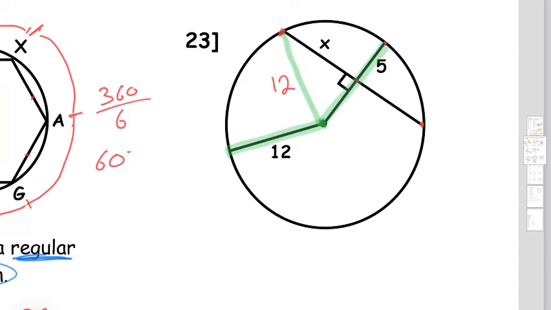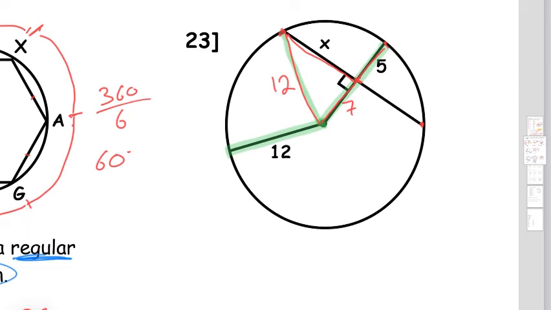Now, if I already know that from here to here is 5, that means that from the radius to the point of intersection is not 12 and it's not 5, but it's actually 7. And what that does for me is it outlines this right triangle that I'm going to use Pythagorean theorem on.